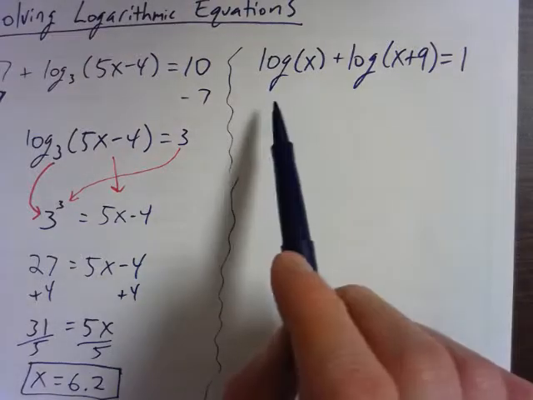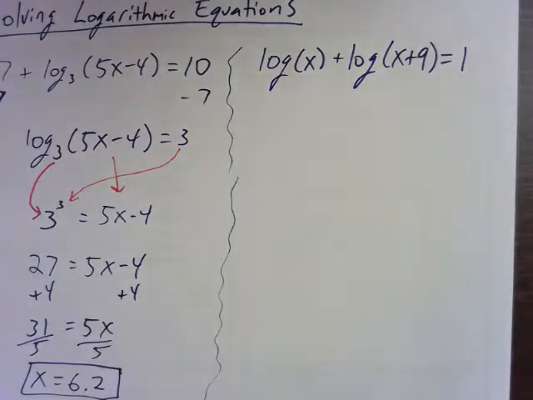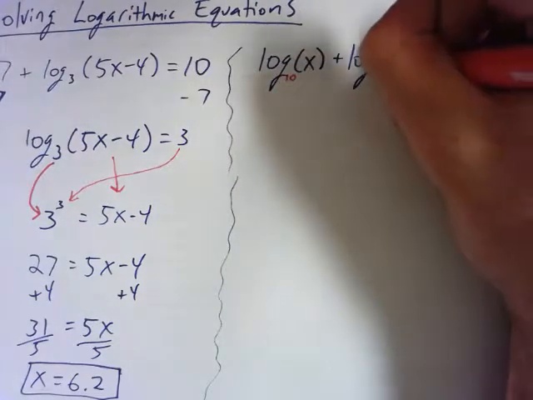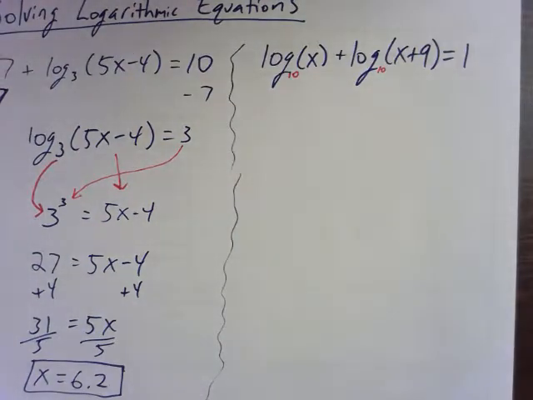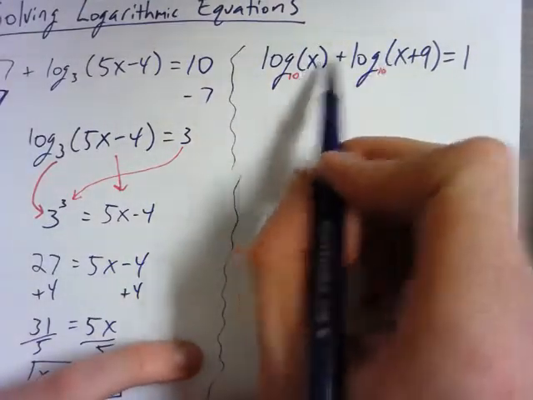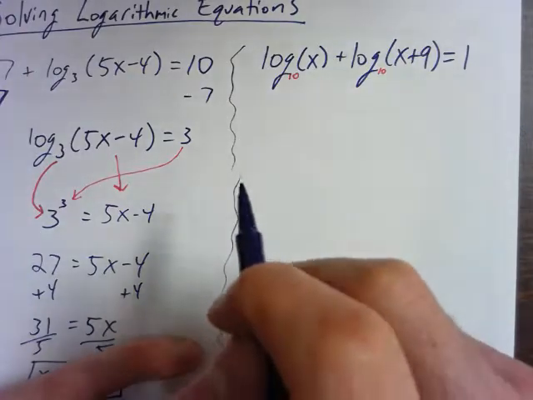If I look at my bases, they're the same. And remember, when I don't have a base showing, that means my base is 10. So I'll just go ahead and write that down so we don't forget. And since they are the same base, I can use my product property. And my product property tells me that when I have the same base, I multiply what's inside my logarithm.